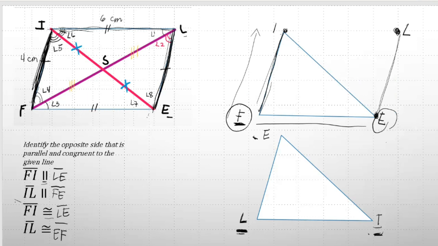Okay? So now we know how to find the parallel side of the opposite side of the given parallelogram, and as well the congruent side of the given line natin. Okay, so now after identifying the congruence and the parallel of the given line, now let's proceed in identifying our angles.